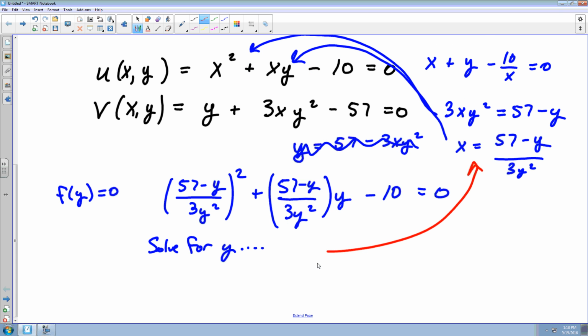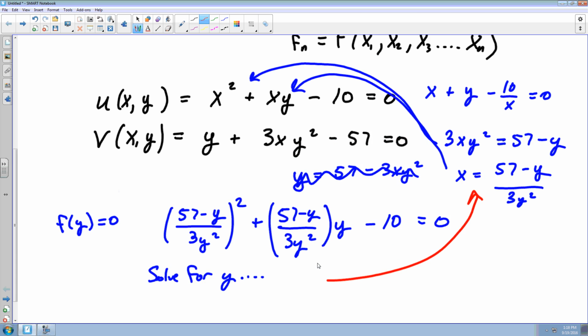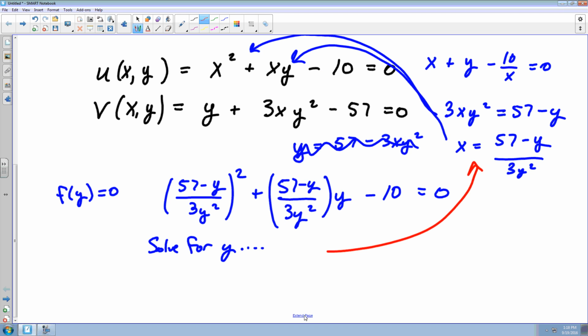And by the way, this is what I figured people would do. Okay, I figured, yeah, that's one way we could do it. But I want to give you a more general method. So let's redo this. Let's rethink the same equations. And I think this is in your book, the formulas.